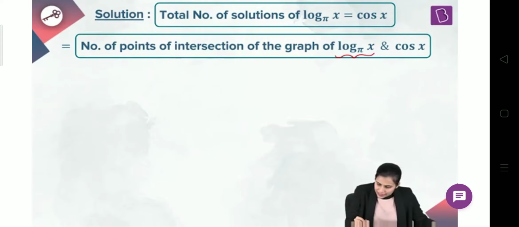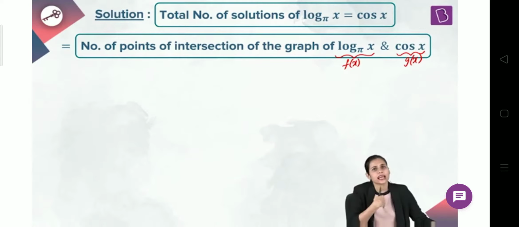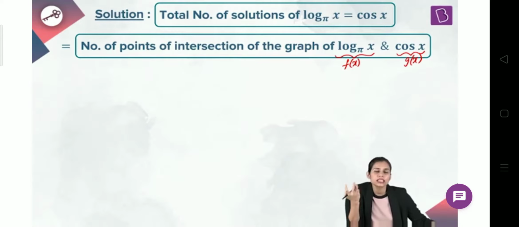Let me take this as f of x and let me take this as g of x. I am going to plot the graphs of both f and g together in the same Cartesian plane only in the interval that I am interested in, which is open interval 0, 2 pi. Once I'm done with this, I'm going to go and count the points of intersection of both the graphs.